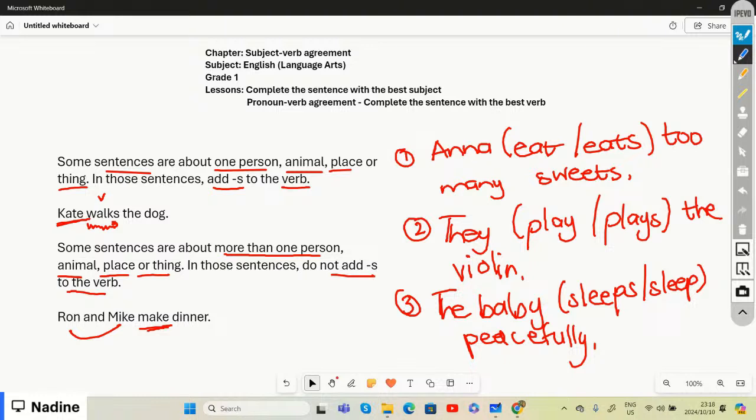What is the correct option? So we need to choose the correct option.